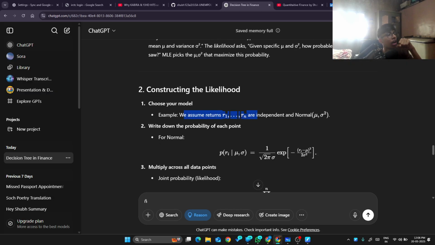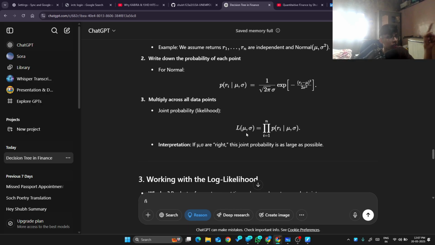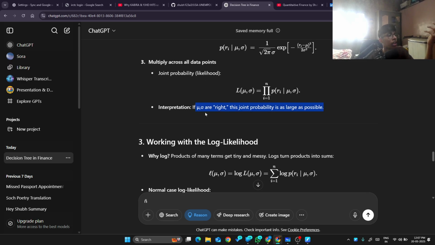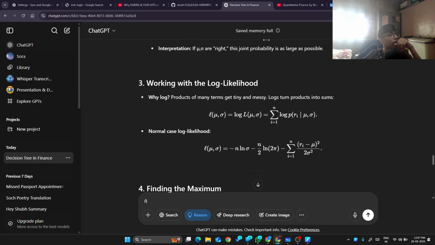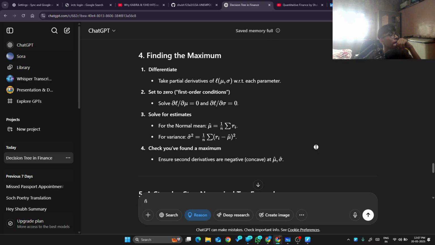So we assume R as independent normal variables with mean mu, following a normal distribution. That's my normal distribution formula, and then we take the product, and that is the likelihood estimation. We input the mean and variance that give maximum probability, do a summation, and take a partial derivative.